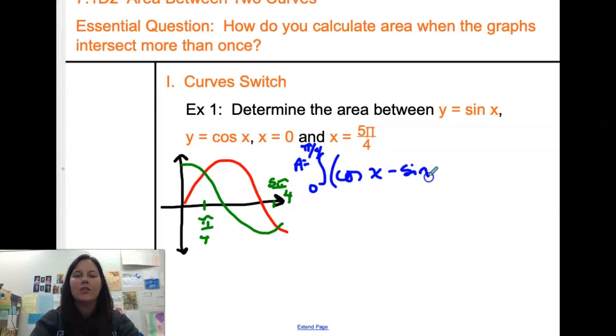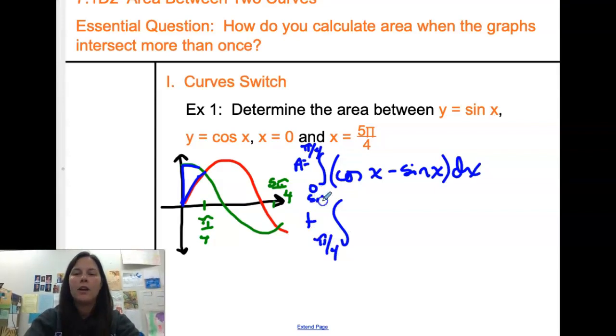Sine is the function that starts at 0. So that'll give us the area of that first section right here between the two curves. And then we will add on the area of that second section. This one's going from pi over 4 to 5 pi over 4.